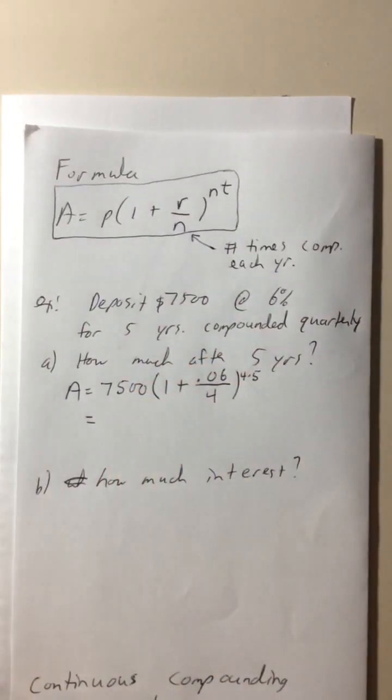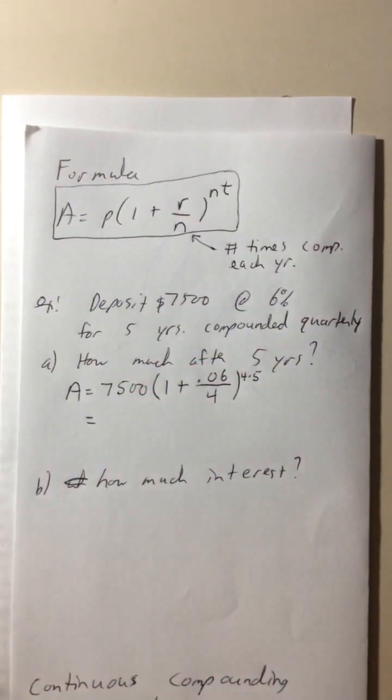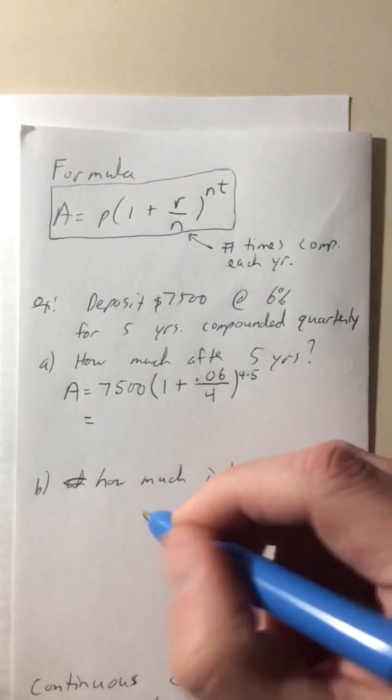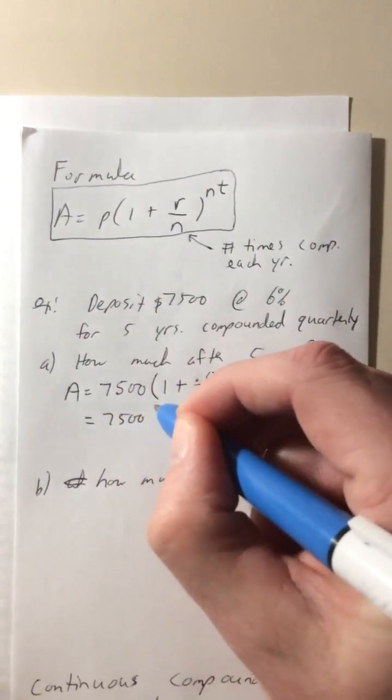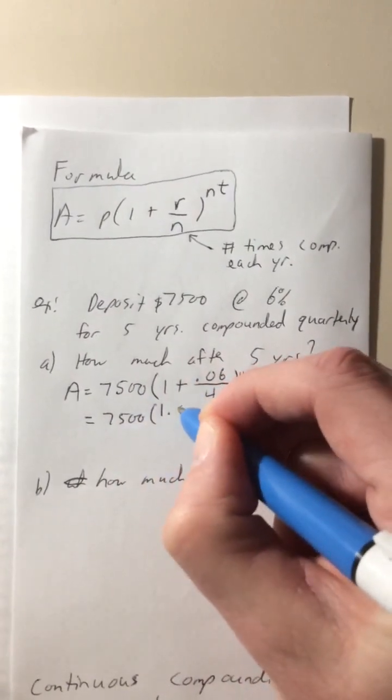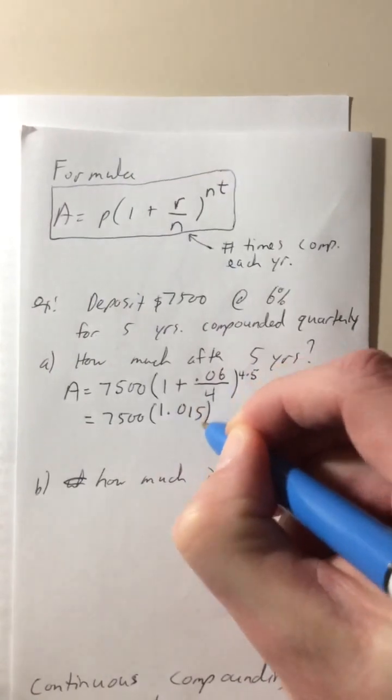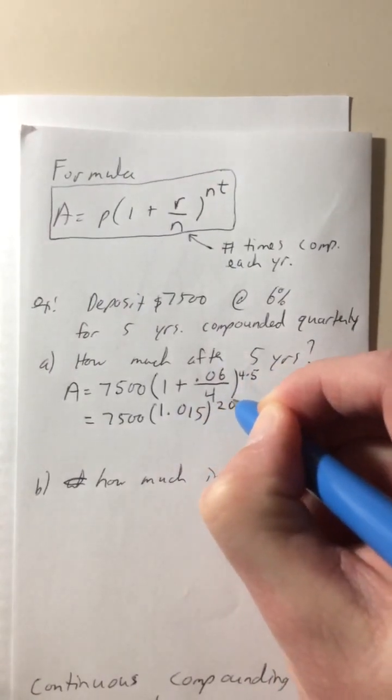So let's do some calculations here. Just get out my calculator, and we're going to do 0.06 divided by 4 equals 0.015. So now we have $7,500 times 1.015 to the 20th power.